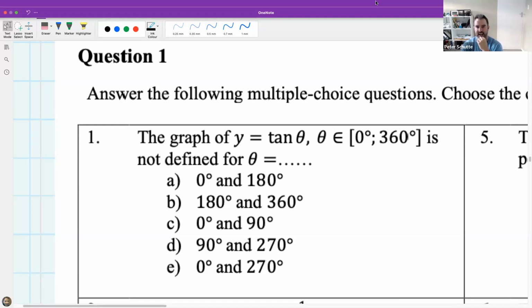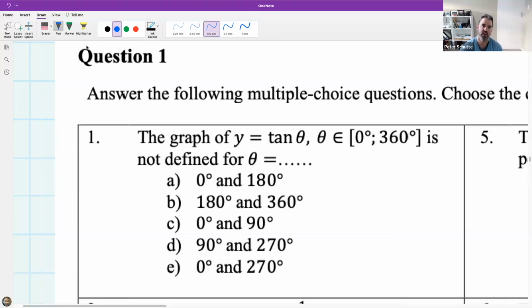Where is the tan graph undefined, or where we would call asymptotes?